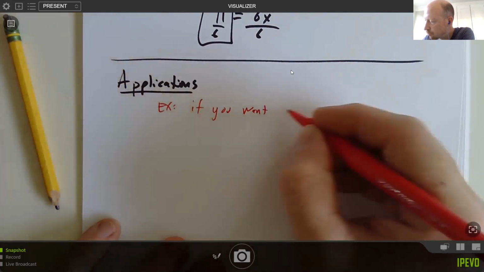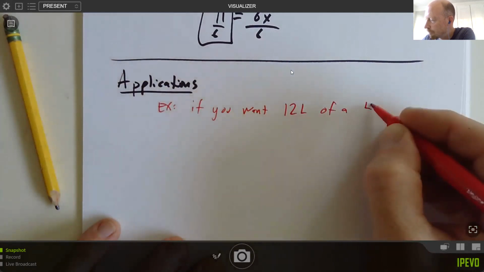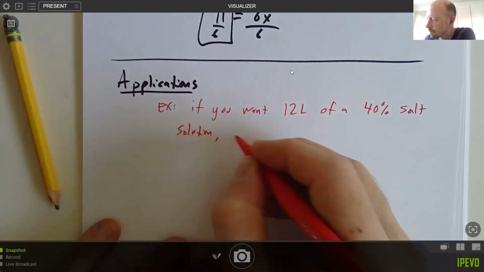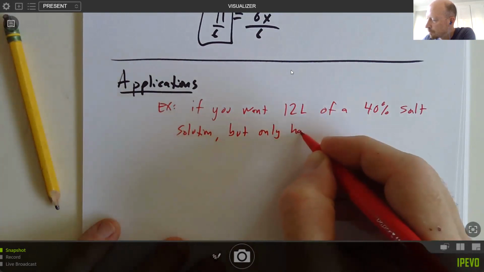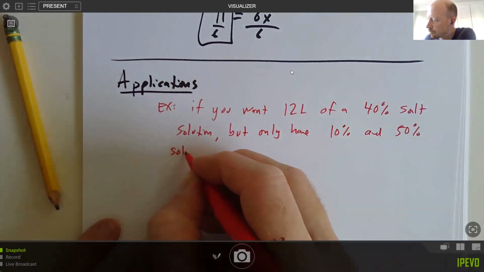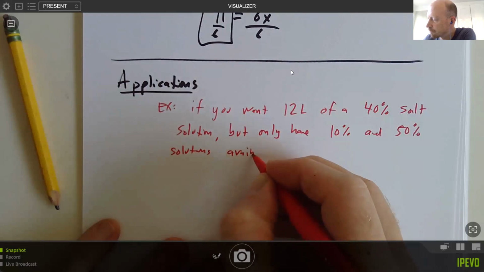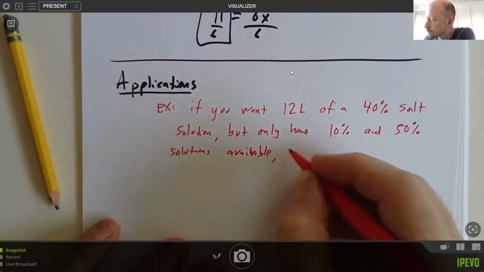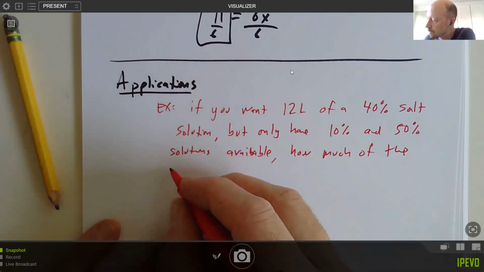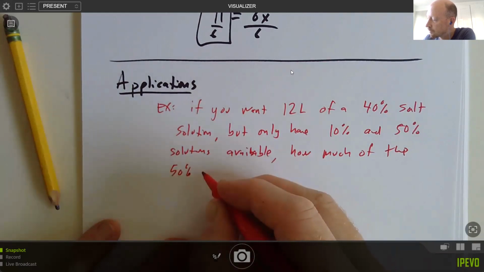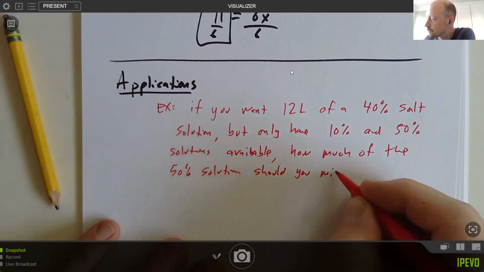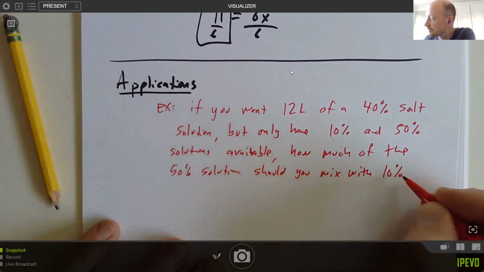If you want 12 liters of a 40% salt solution, but only have 10% and 50% solutions available, how much of the 50% solution should you mix with the 10%?